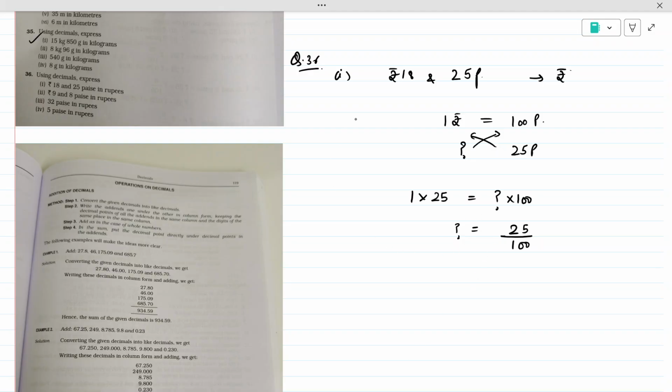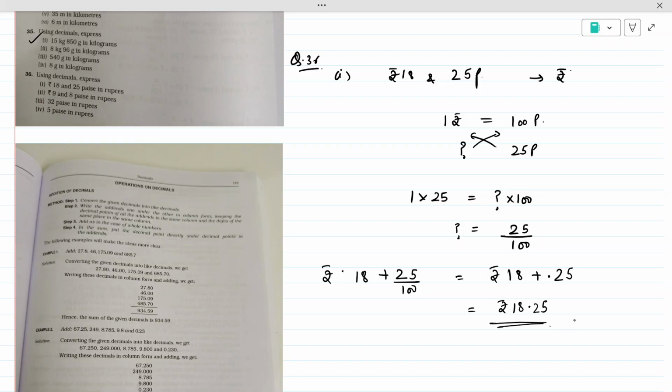Let us put this value in the given question. So we will have 18 plus 25 divided by 100 in rupees. This whole is in rupees. So this will give us 18 plus 0.25, that is equal to 18.25 rupees. Okay, so this is the required conversion.